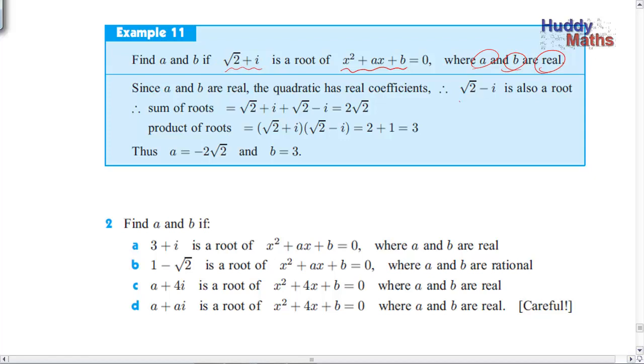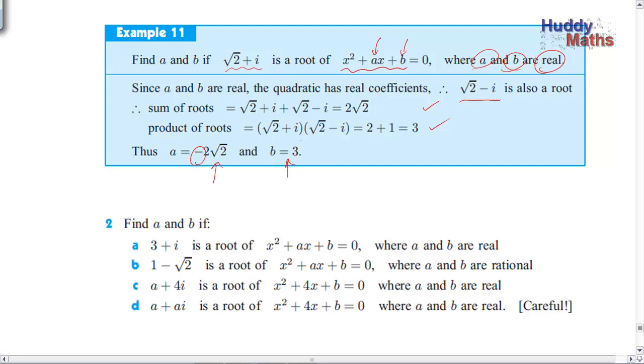So it's root 2 take i, working the sum out, the product out, but the sum of the roots is neg that value, and the product of the roots is here. So don't forget the negative. The coefficient of x for a monic quadratic, that is x squared, coefficient is 1, is minus the sum, and the constant down the end is the product.